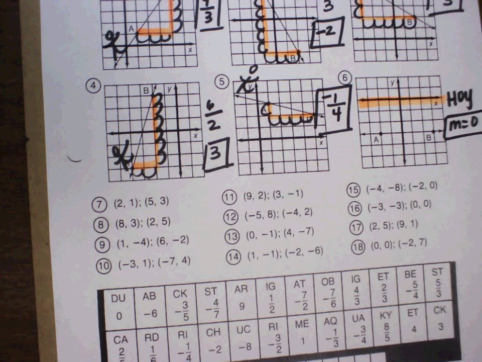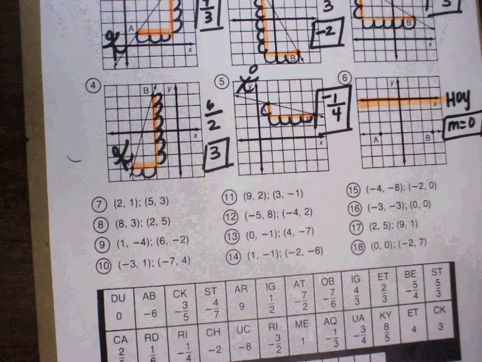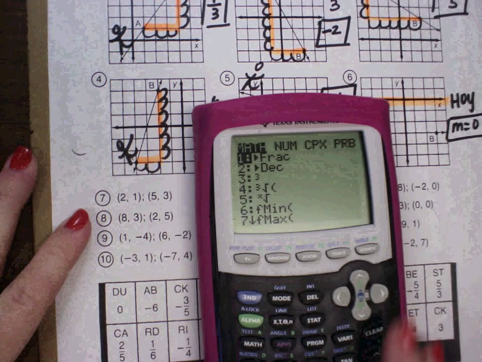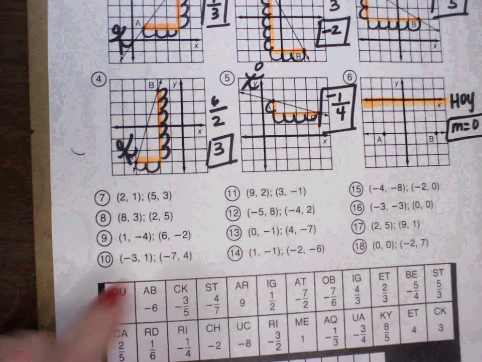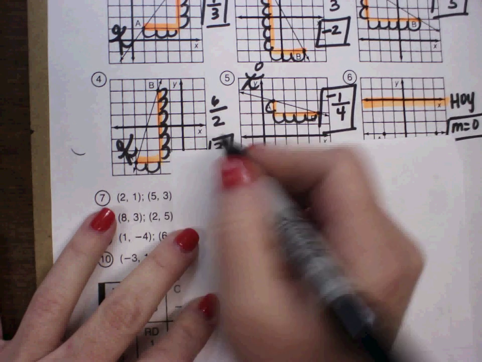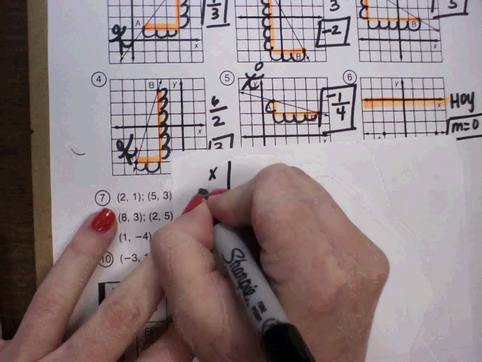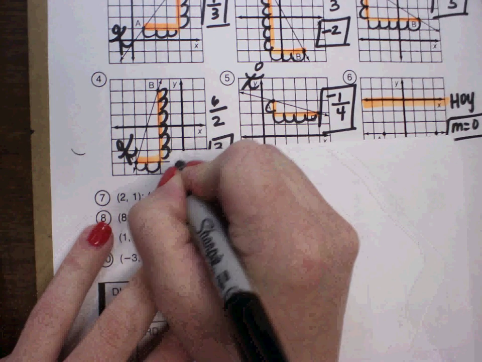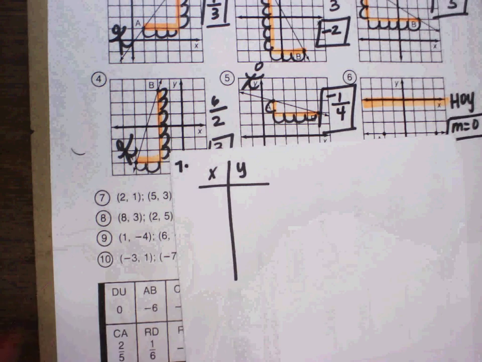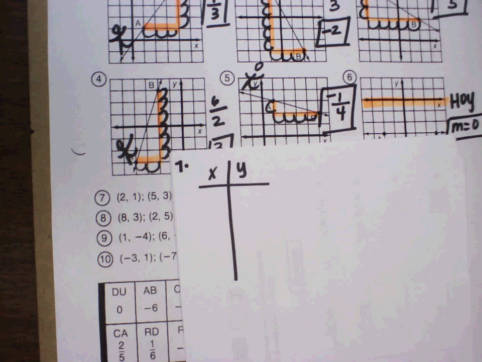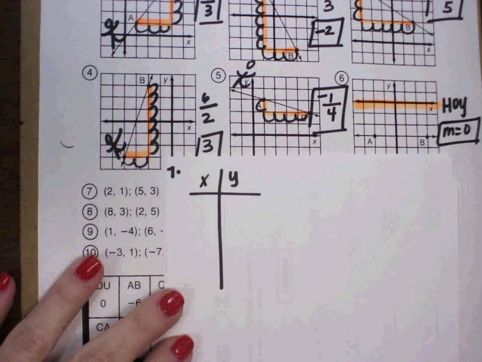All right. So what we're going to do is we're going to turn this into a table. Okay? So we're going to put the X's and the Y's. You might need another paper to do this because I don't think you're going to have enough space to do this. Yes, you know how to do that. All right. So what are my X's? Tell me my X's. 2 and 5.